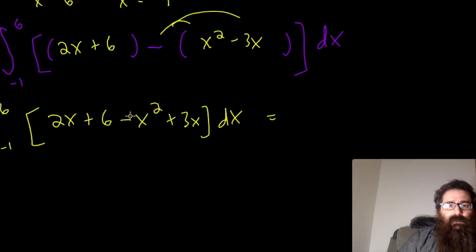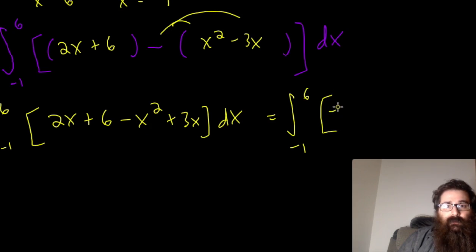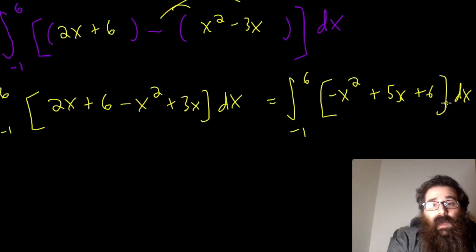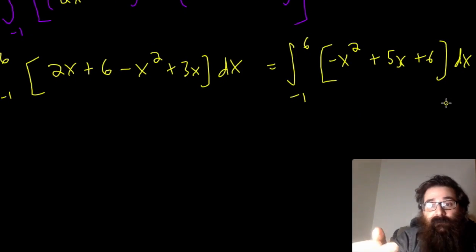Then we combine like terms. So -1 to 6, in descending order: negative x squared first, 2x plus 3x gives me plus 5x, and then plus 6 with respect to x.